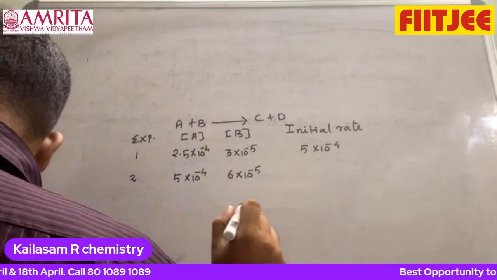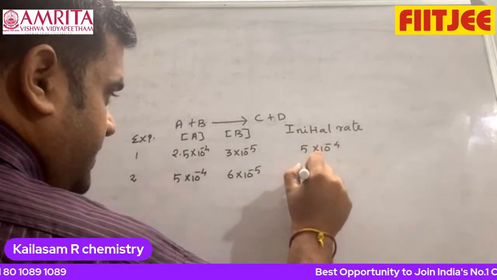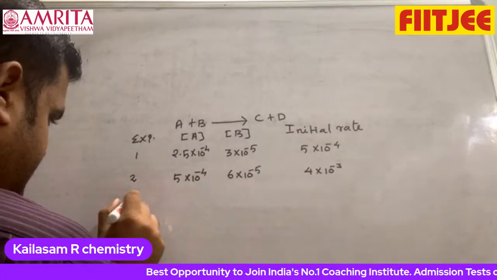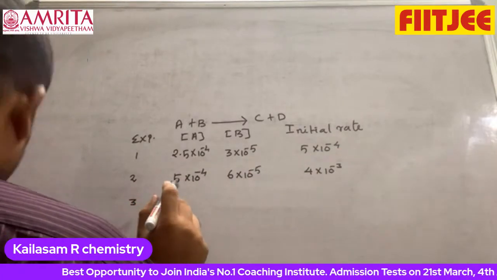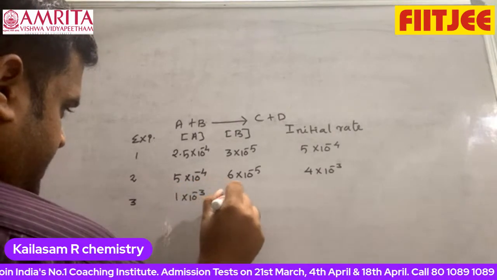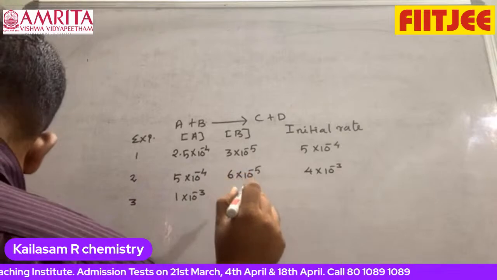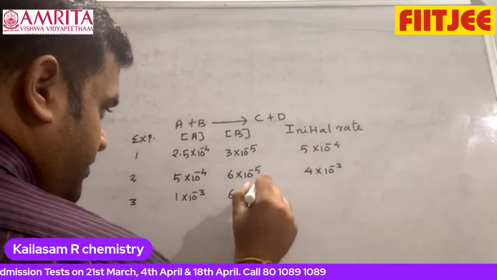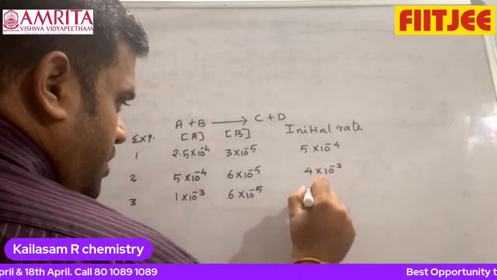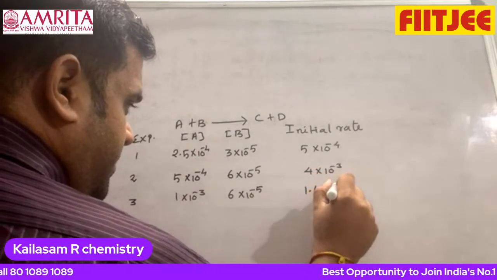The rate could be 4 into 10 power minus 3. And the third experiment says 1 into 10 power minus 3, so it will be 6 into 10 power minus 5, and this will be 1.6 into 10 power minus 2.